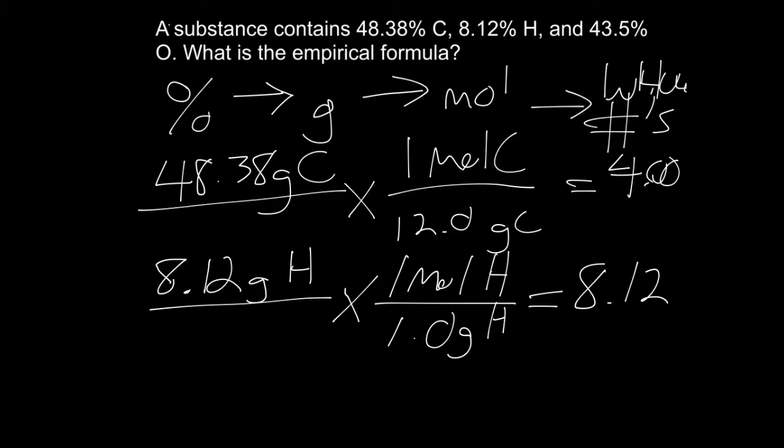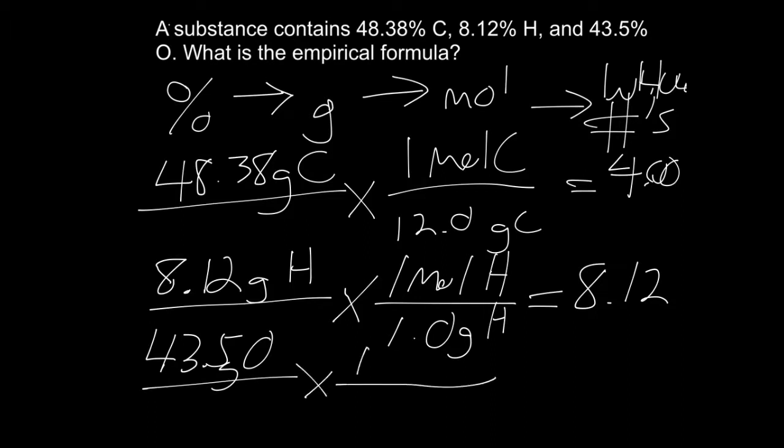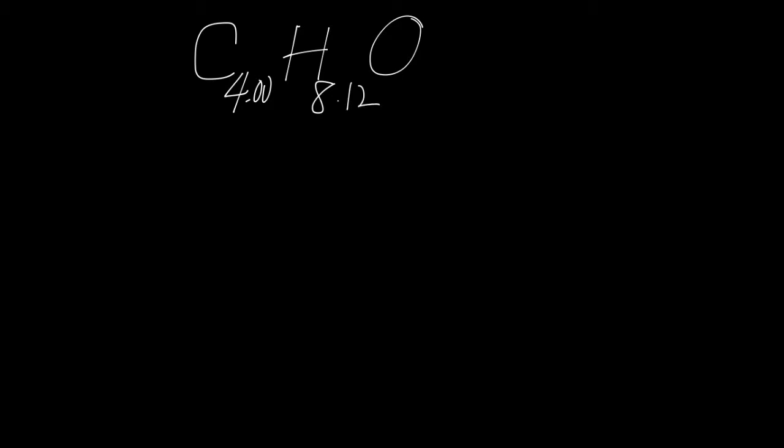You're starting out with 43.5 grams of O, and 1 mole of oxygen is 16 grams. And that's going to equal 2.72 moles. Okay, so if we write this out, we have carbon, hydrogen, and oxygen, and we've got a 4 there. The hydrogen's about 8.12, and the oxygen's 2.72 moles.